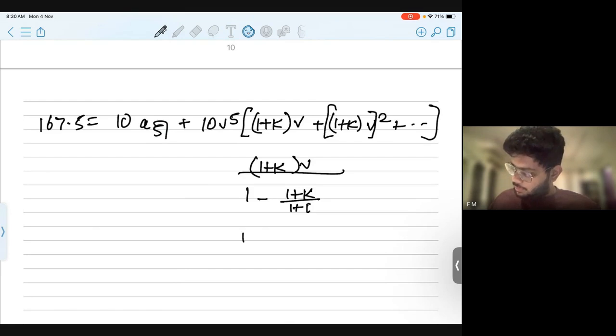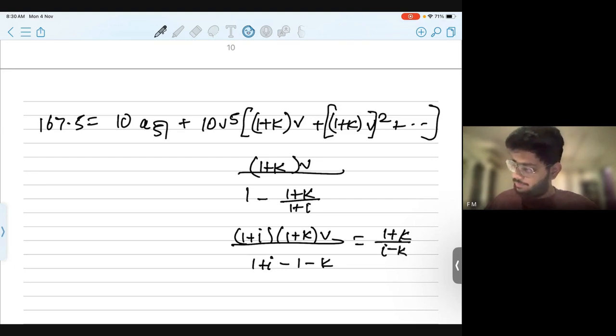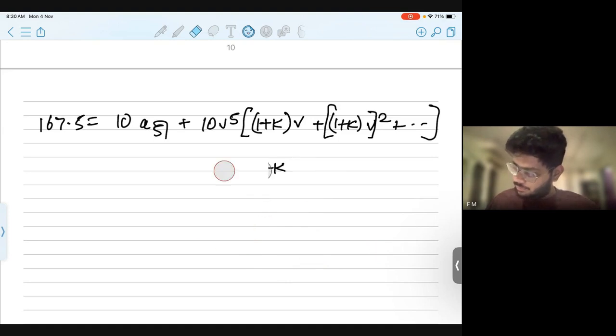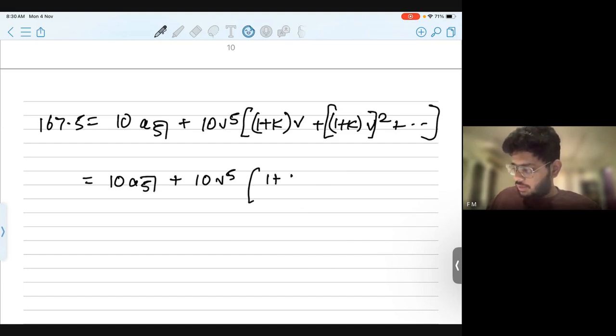This becomes (1 plus k) upon (i minus k). This is equal to 10a5 plus 10v5 (1 plus k) upon (i minus k).